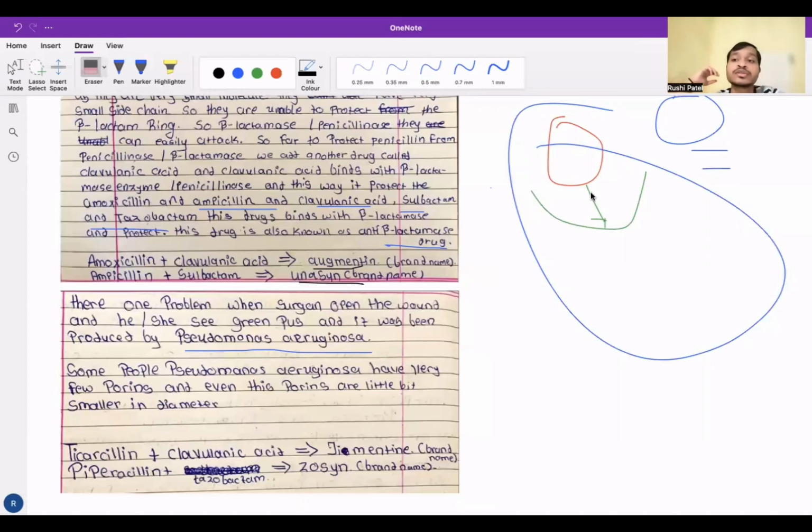So why do we need the very smart penicillin, or super penicillin?